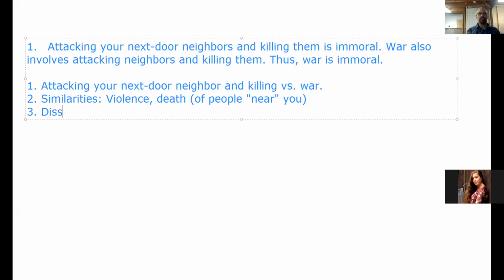What are the dissimilarities? In this case, I think the dissimilarities are a bit more pronounced. So here's one: the scale of the violence is very different. The sense of near is very different.